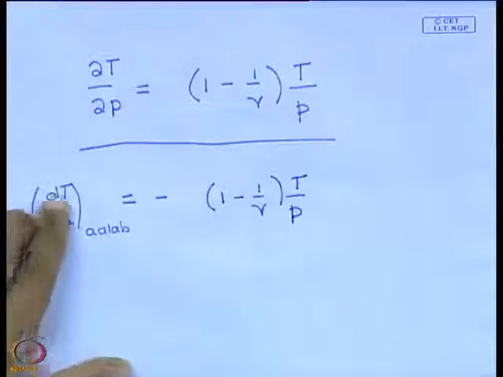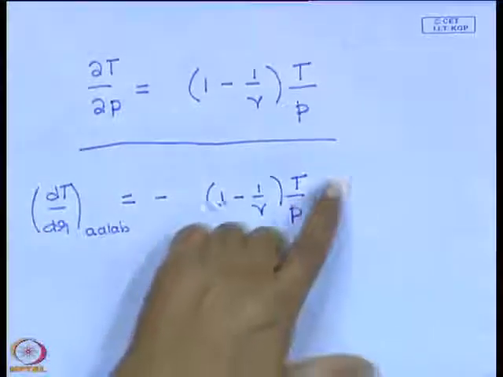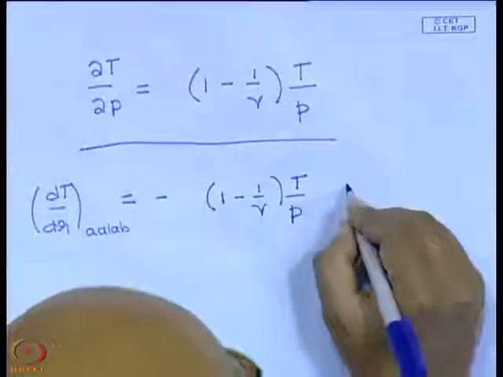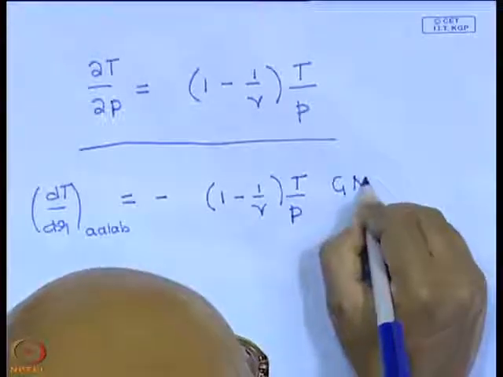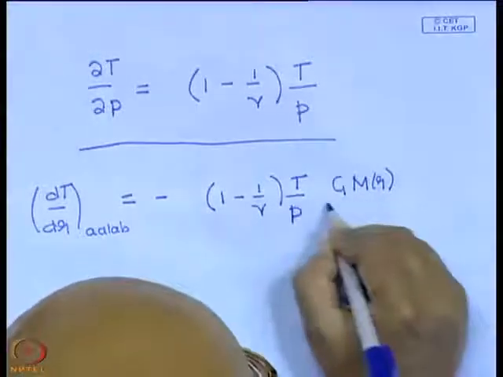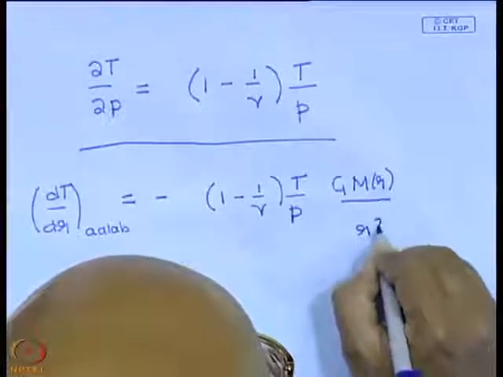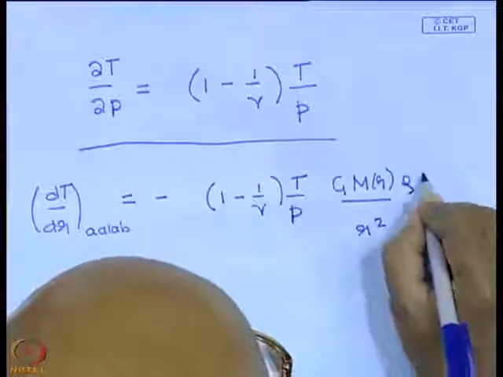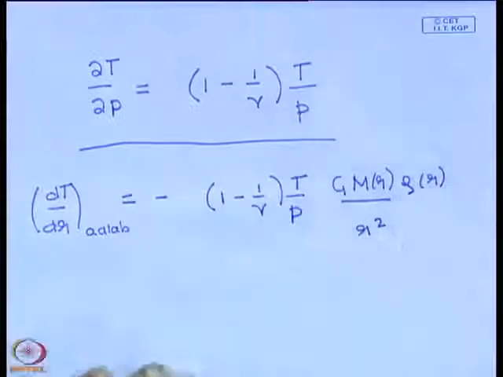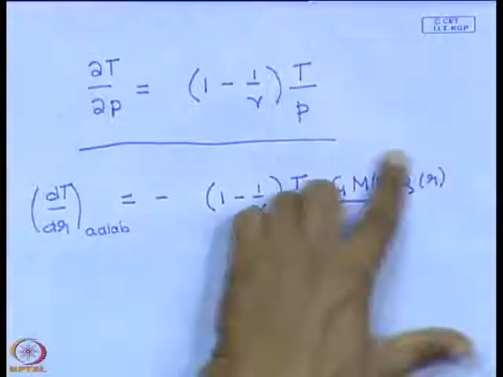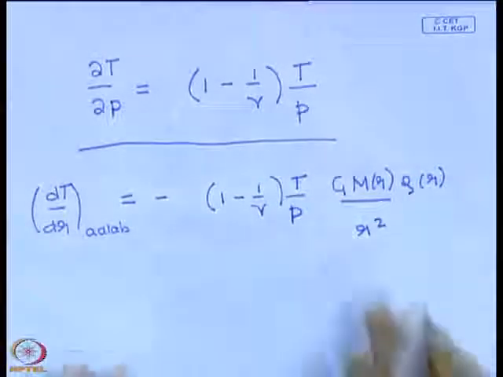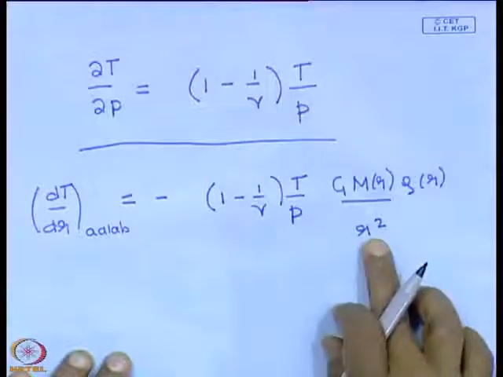So this is del T del P, and then we have del P del r, which is minus G M r by r squared into rho. Okay, that is the acceleration, dP dr, this term, hydrostatic equilibrium.